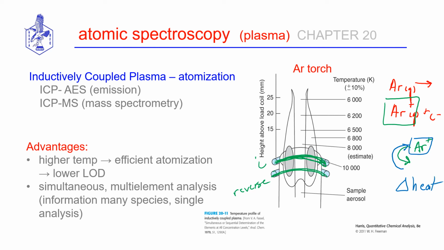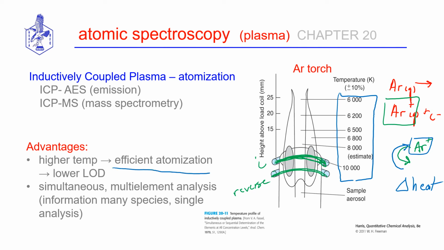So the huge advantage to plasma methods is we are going to get upwards of 10,000 degrees, much hotter than either a flame or a furnace. The higher temperature allows for a much more efficient atomization of our samples.